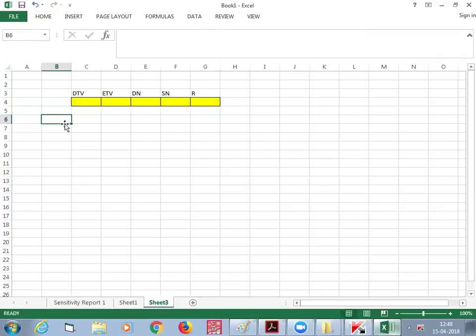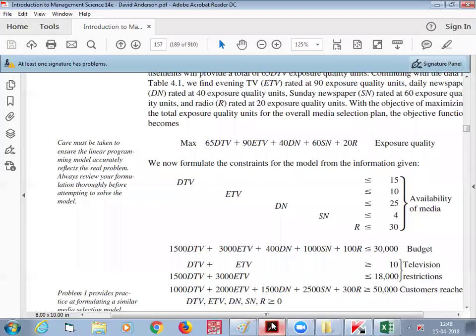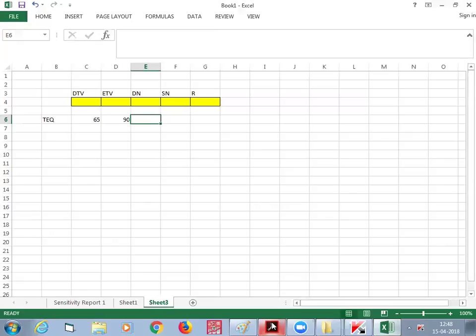And our total exposure quality: 65, 90, 40, 60, 20.